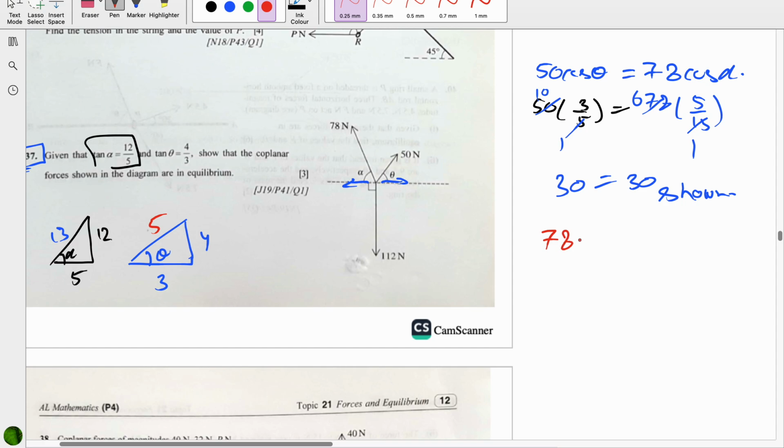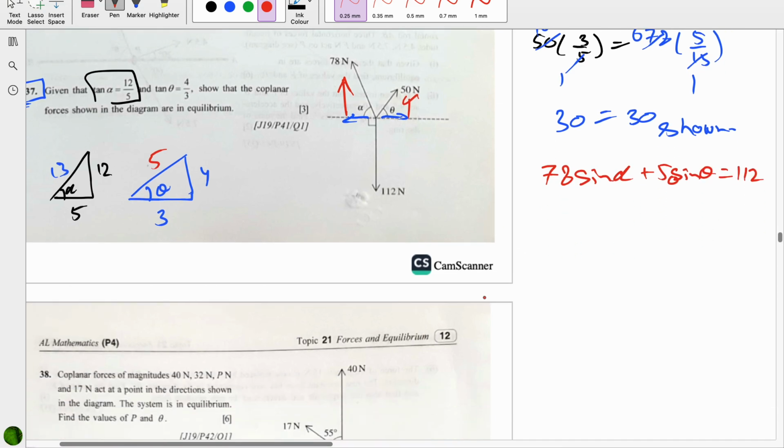So 78 sine alpha is this force which goes upwards, plus 50 sine theta again upwards, should equal 112.